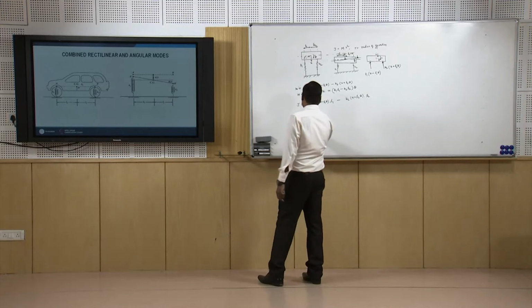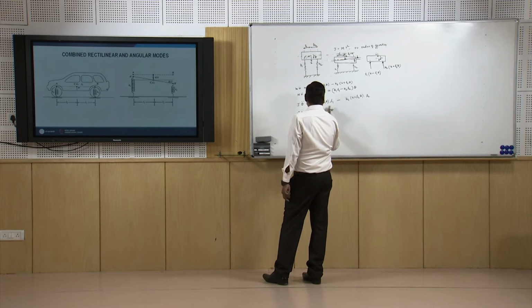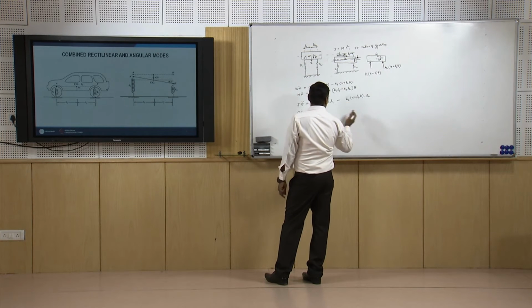Now simplify this. J theta double dot, so we bring the theta terms here and the x terms to the other side.